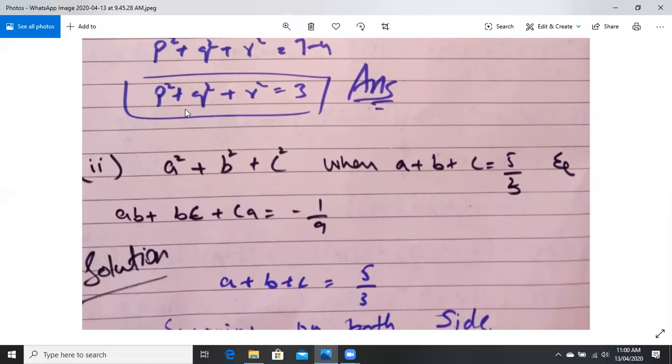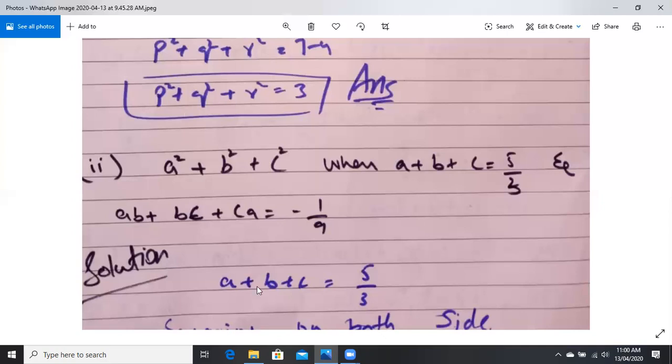They gave that a plus b plus c equals 5 by 3 and ab plus bc plus ca equals minus 1 by 9. In the previous question, they gave us p plus q plus r and pq plus qr plus rp.